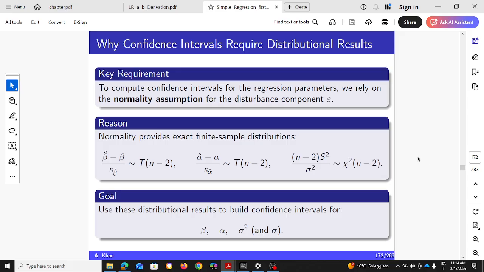All this will help us to build the confidence interval. To compute the confidence interval, we need this normality assumption. Now we know all these distributions, and the goal is to use them to build a confidence interval for alpha, beta, and sigma squared.